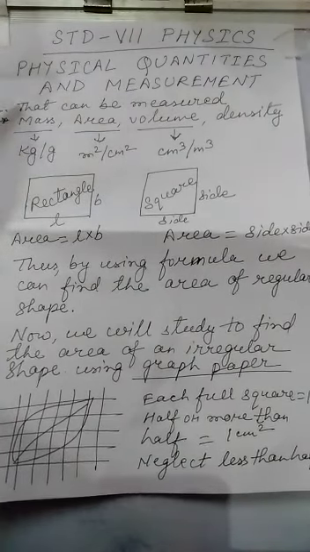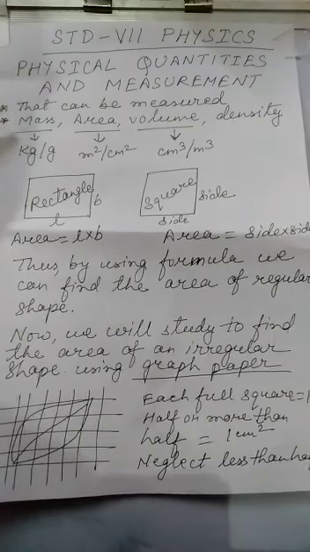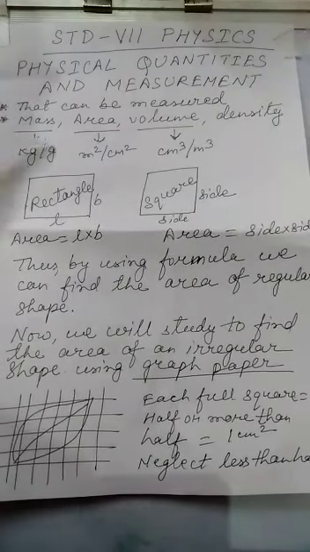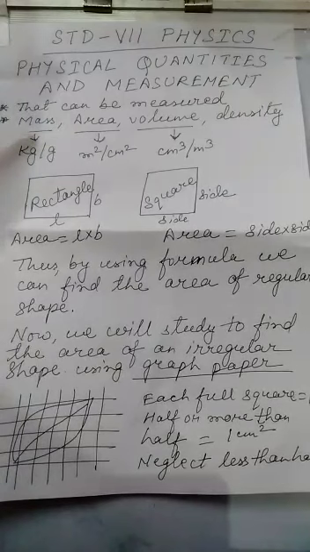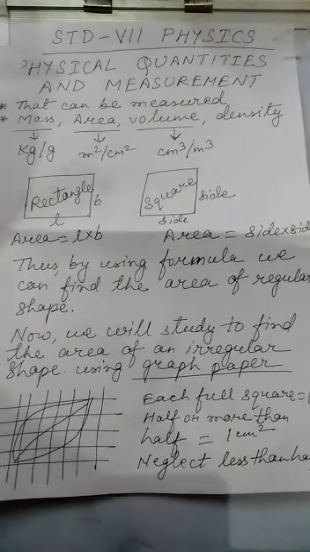Like if you are going to a shop and ask the shopkeeper to give 2 kg of potato. That means you are asking the shopkeeper to give potato having mass 2 kg. That 2 denotes the magnitude of that physical quantity and kg denotes the unit to describe that particular physical quantity.